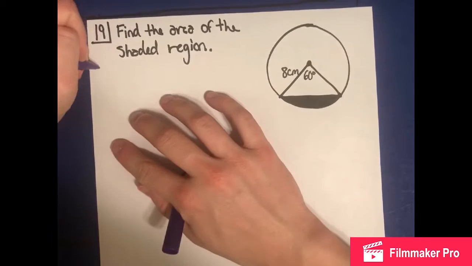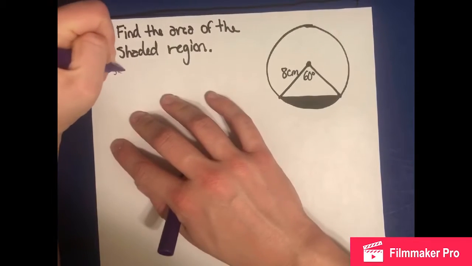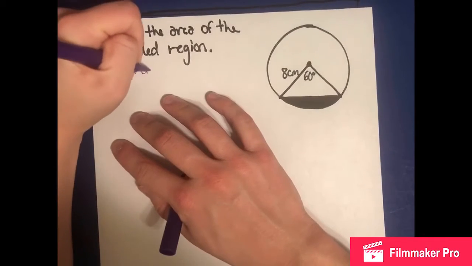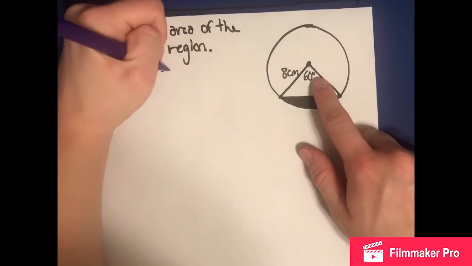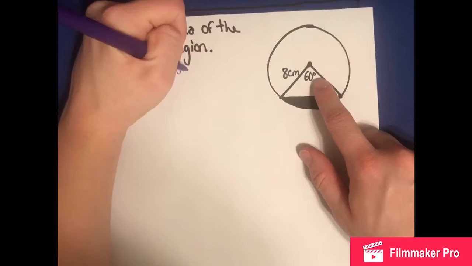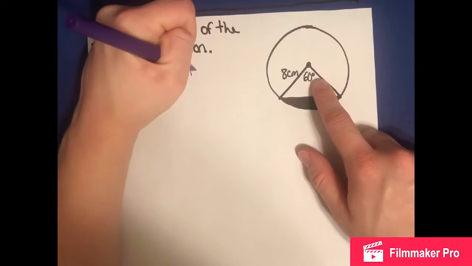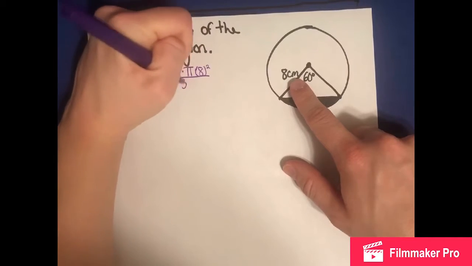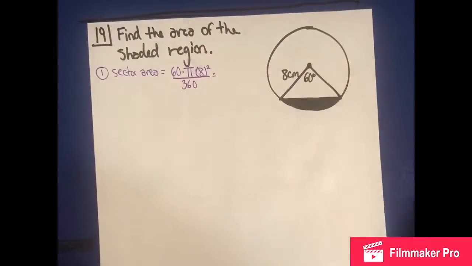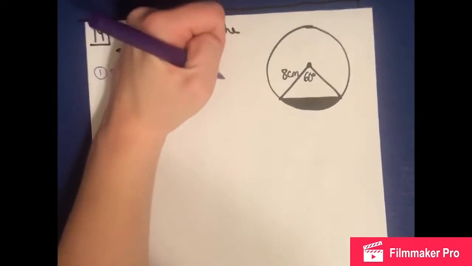So I'm going to start out with step 1, and this is sector area. I'm going to look for the degree. So here it's 60 times pi r squared. So pi 8 squared over 360. And we're going to put that in our calculators.